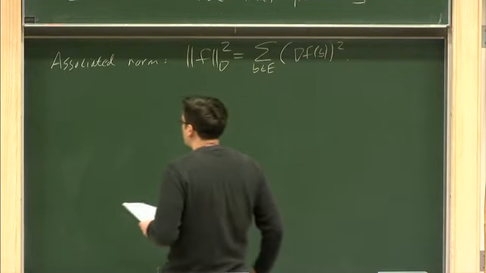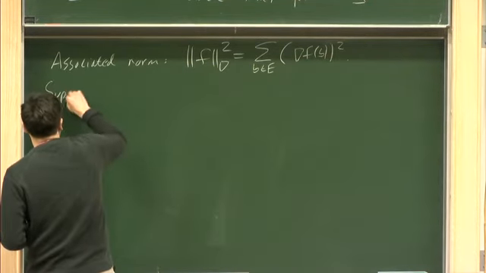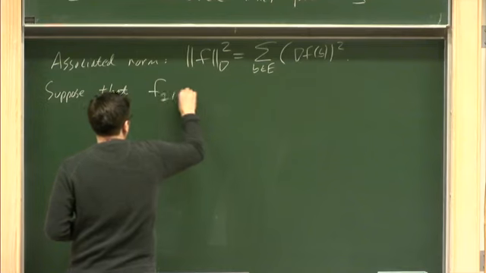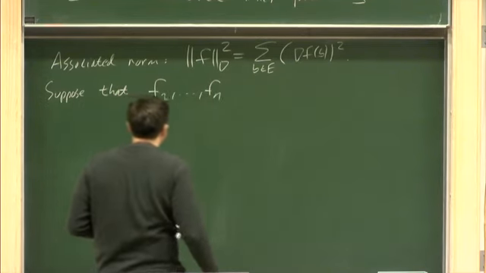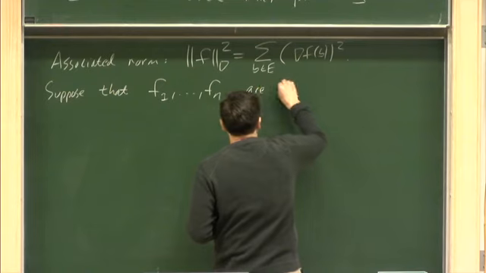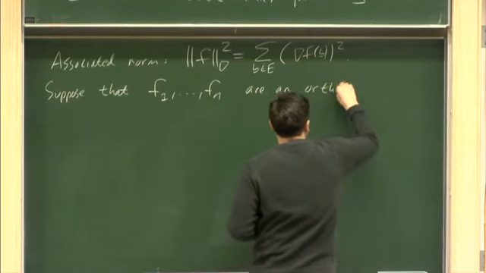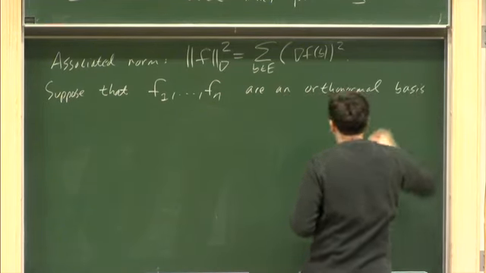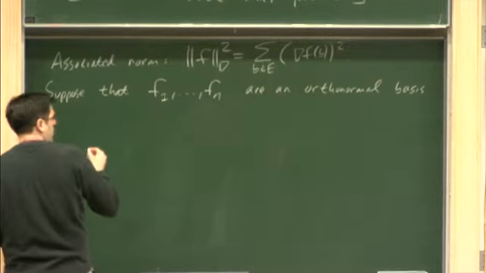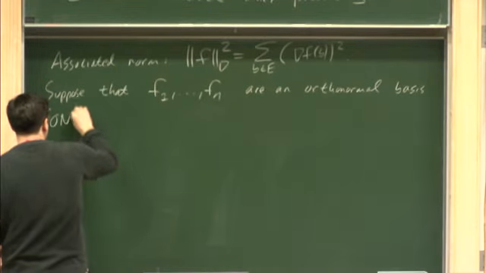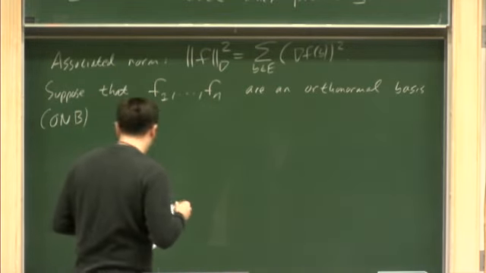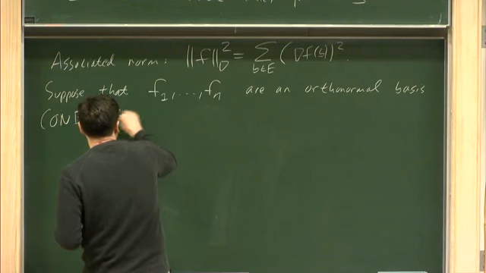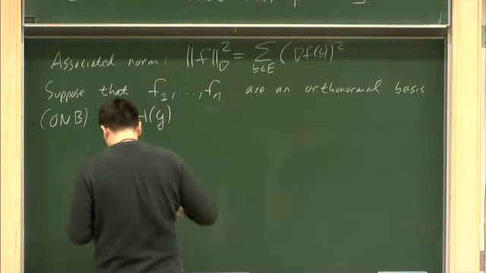All right, so now let's suppose that we have functions f1 up to fn, and these functions are an orthonormal basis for h of g, and I'm going to be abbreviating orthonormal basis by ONB hereafter.